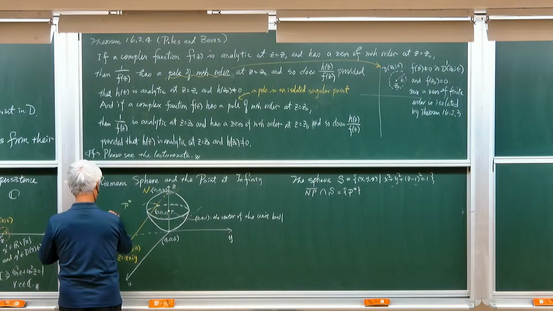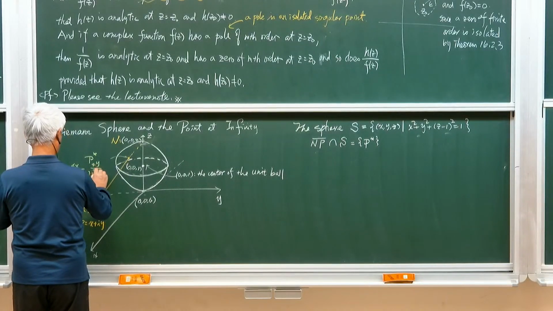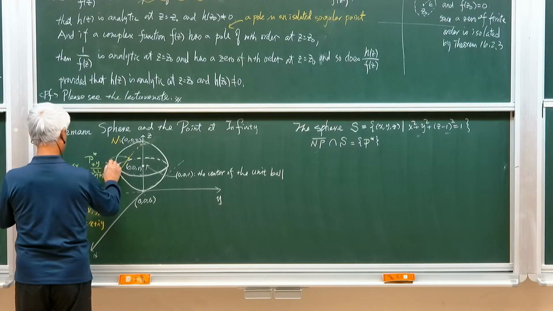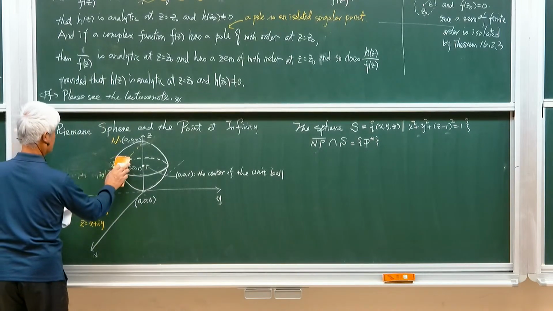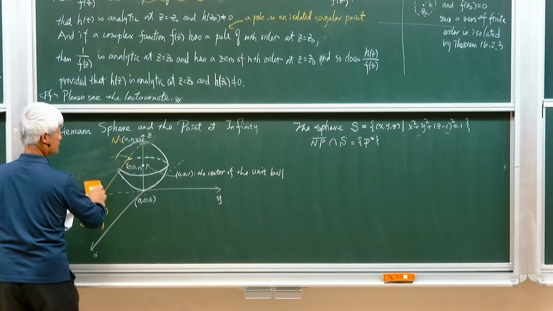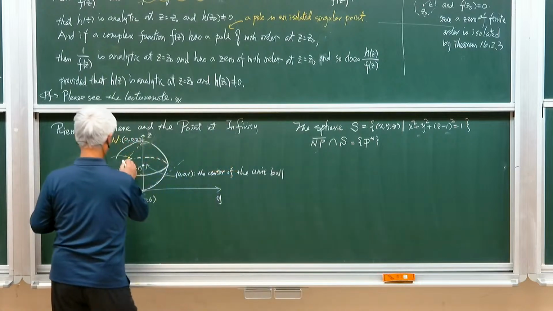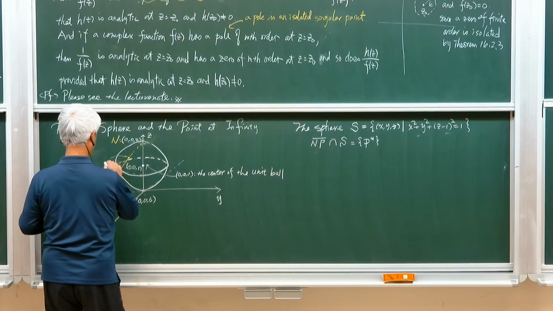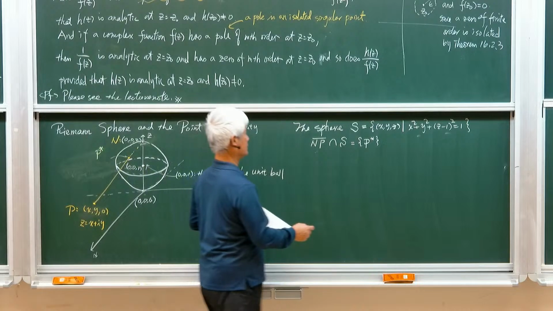The P star is here: 4x over x squared plus y squared plus 4, and for y, 4y over x squared plus y squared plus 4, and for z, 2 times x squared plus y squared over x squared plus y squared plus 4.